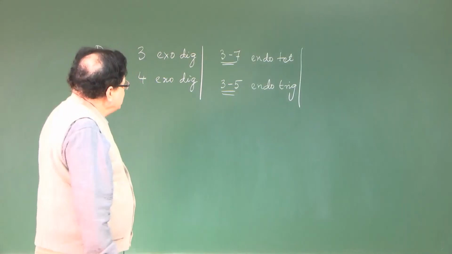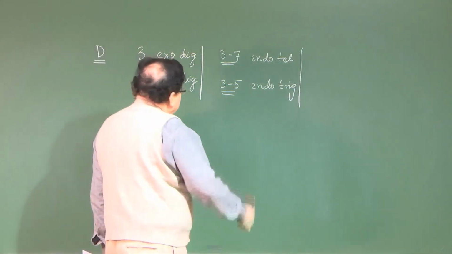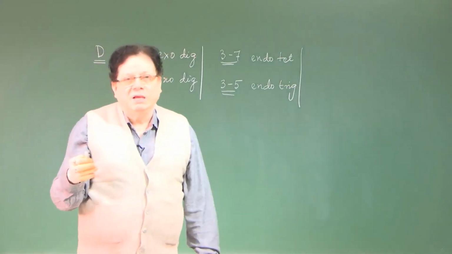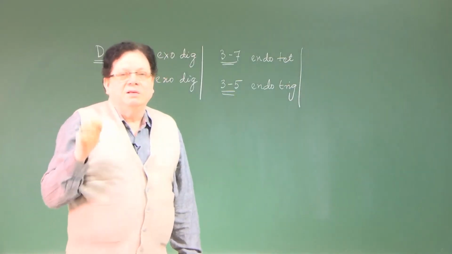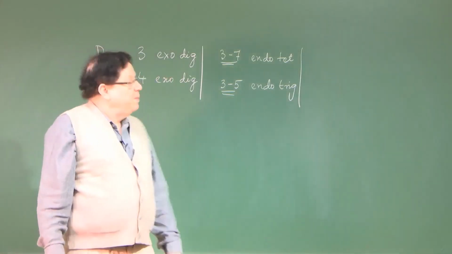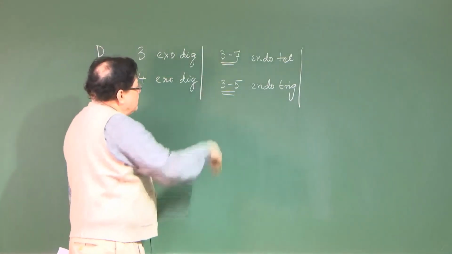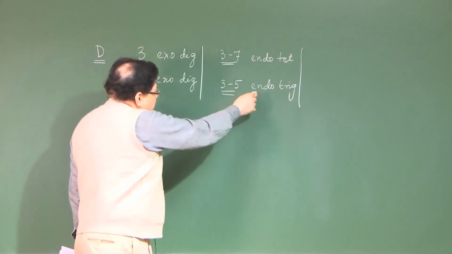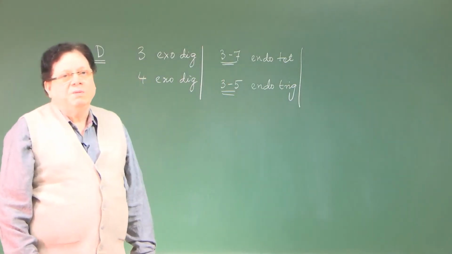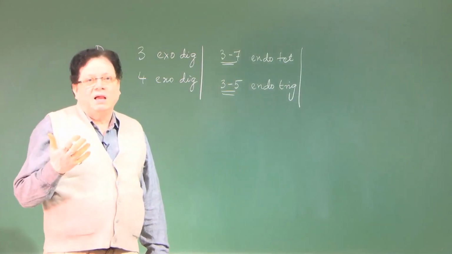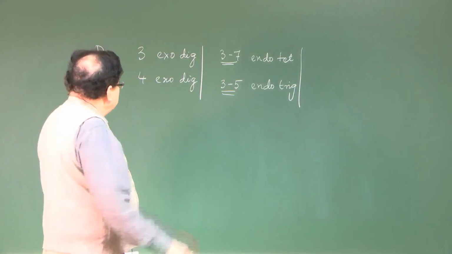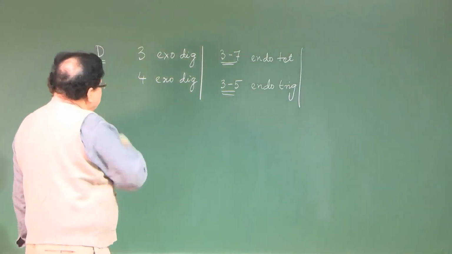So, it should be 3 to 8, but as per Baldwin's rule, because he mentioned the ring sizes of 3 to 7, we are restricting to that size. And for trigonal cyclization, 3 to 5 endo trig is disfavored. That means, when you say 6 endo trig, that should be favored. That is possible. So, these things you should remember.